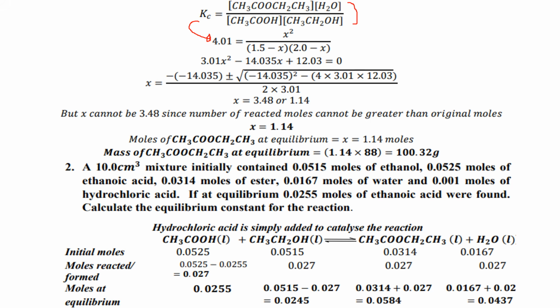So in substituting, you're going to get x squared divided by the bracket of 1.5 minus x multiplied by 2.0 minus x. You cross multiply and simplify. You end up with the quadratic equation 3.0 x squared minus 14.03 x plus 12.03 equals 0. Now here substitution is key, and this is where you're going to be marked.